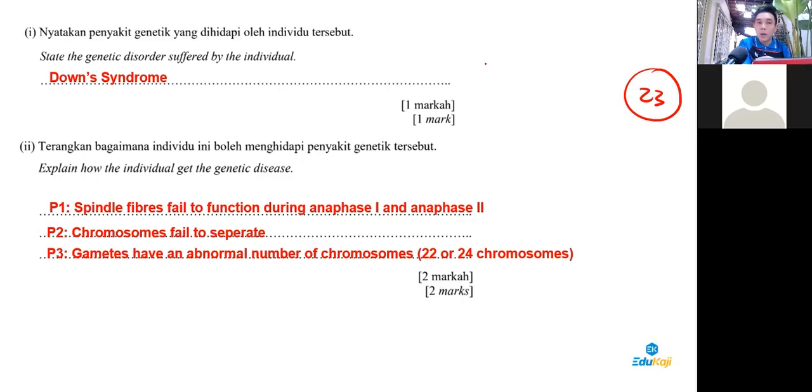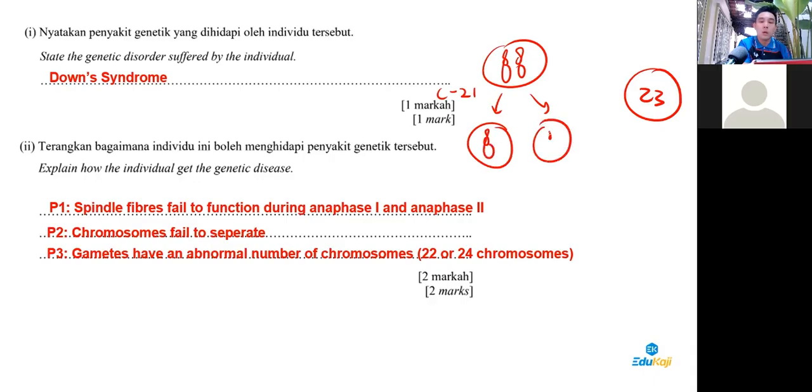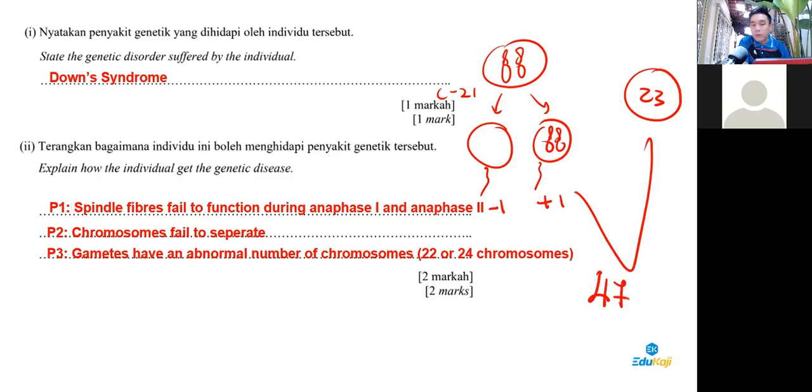During meiosis, by right, this pair, chromosome 21, is supposed to separate to form sperm. But the issue is they don't separate. So what happens? Here one more, here one less. When these two fertilize, there will be 47 chromosomes.